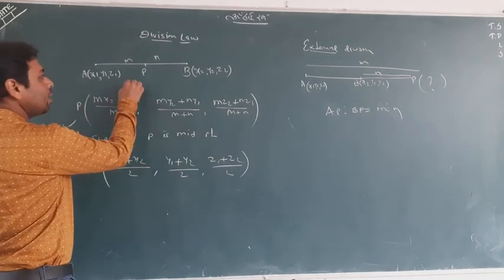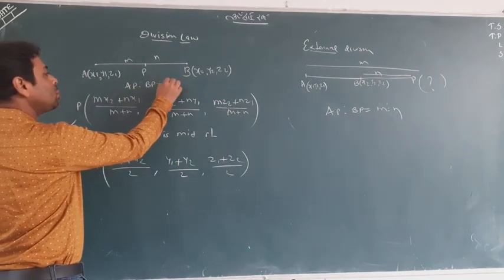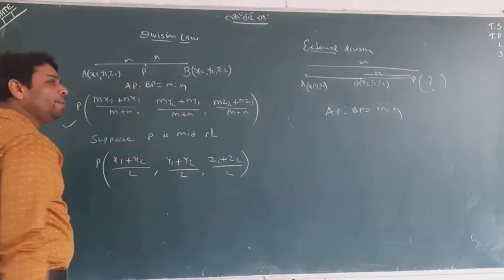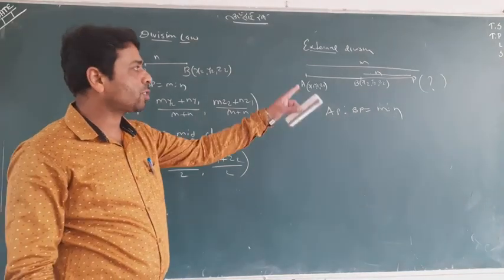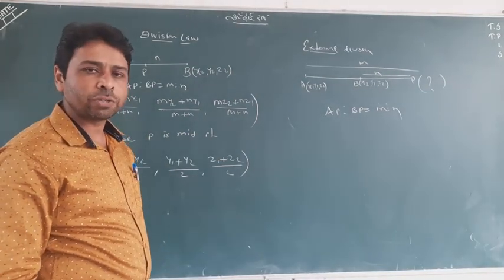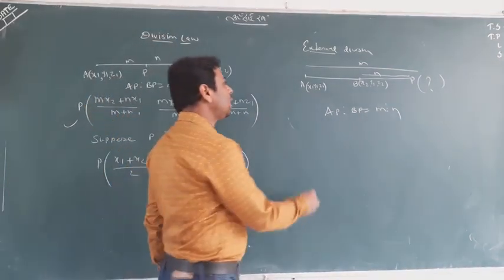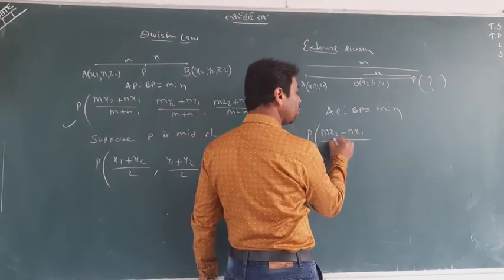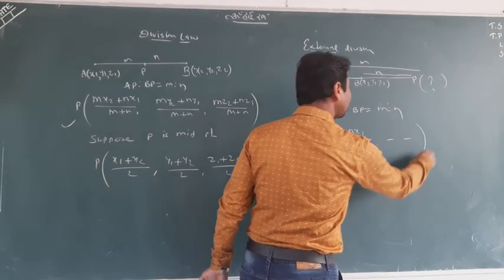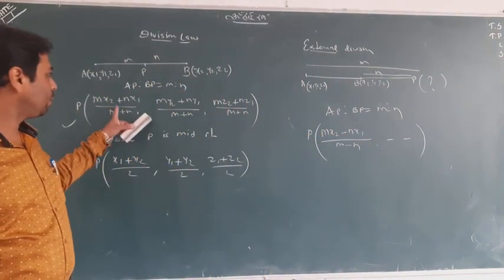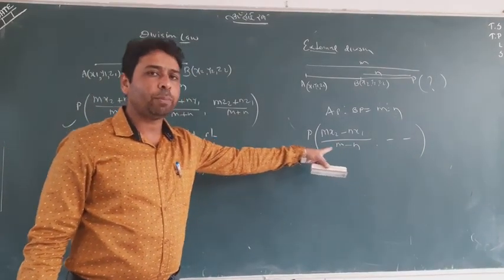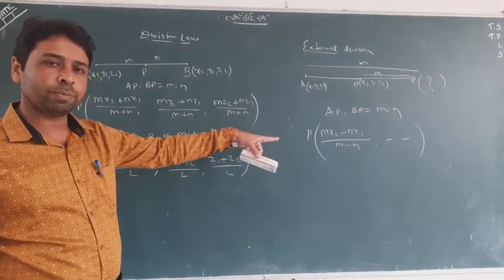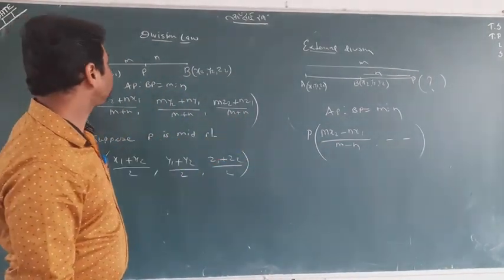Here AP is to BP was m is to n with P inside, which is called internal division. When P is outside, it is called external division, and that time P will be (mx2 minus nx1) upon (m minus n), and I don't want to waste time writing all these things. The pattern will be very much the same, but with the minus sign, all the minus signs will come there. Okay, now keep remembering that also.